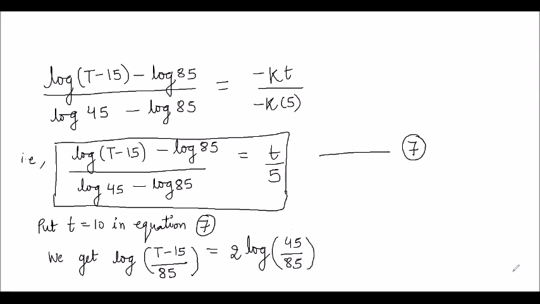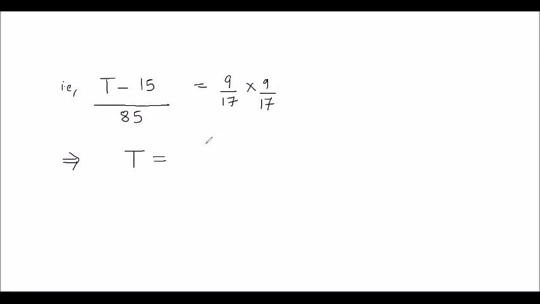If I remove log from both sides, I will get T, the temperature of the coffee after 10 minutes: T minus 15 over 85 equals 9 by 17 squared. Solving it, when we simplify it, we will get that the temperature will be 38.82 degree centigrade.